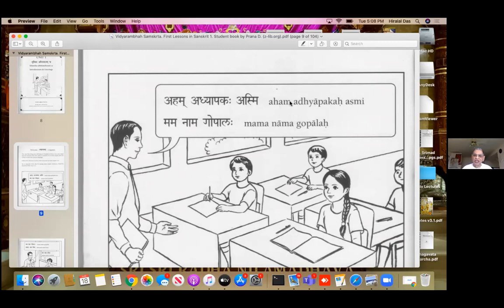So he says, I am teacher. Then he says his name, Mama nama Gopalaha. Mama is my, nama is name: my name is Gopal. Again, aham adhyapakaha asmi, I am teacher, mama nama Gopalaha, my name is Gopal.